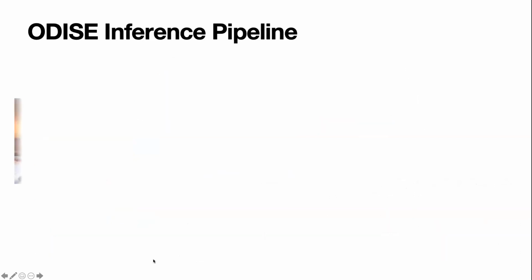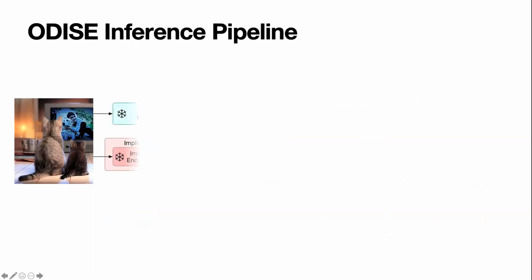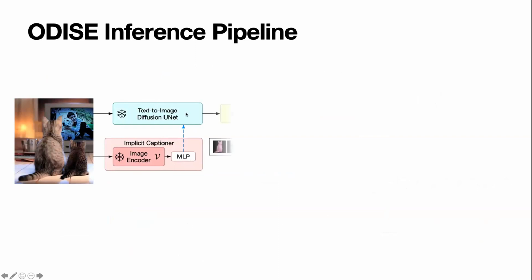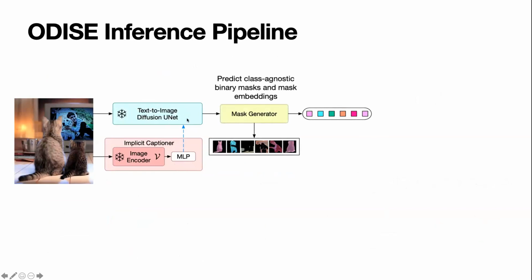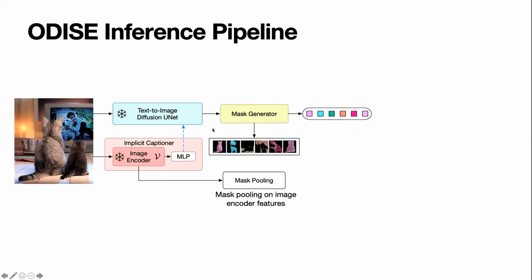And then during inference time, we do the same thing. We have a given image. We extract its implicit text embedding or implicit caption, and then we extract its visual features from a pre-trained diffusion model. We then extract different proposal masks from it. And then we also pool the features from the image encoder of the CLIP model to get another set of visual embeddings for the different masks.